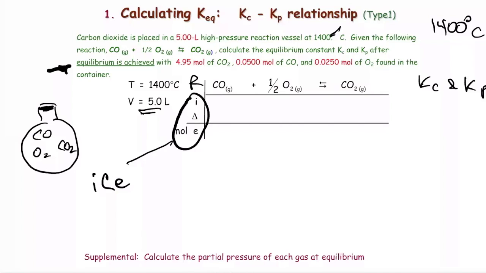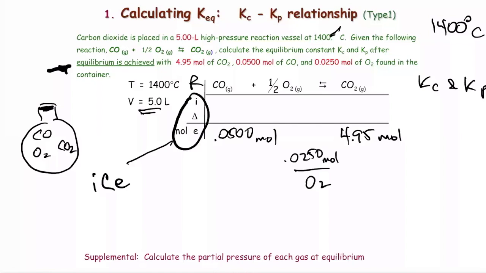Now, the key here is that you've got 4.95 moles of CO2, you've got 0.050 moles of CO, and you've got 0.0250 moles of oxygen.